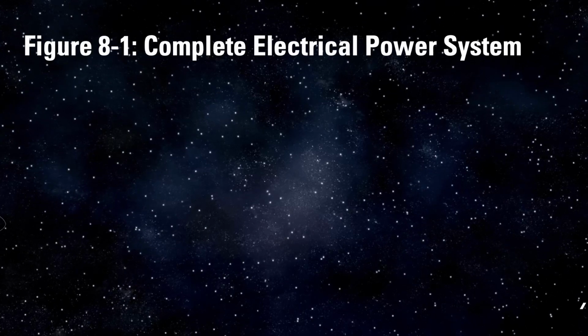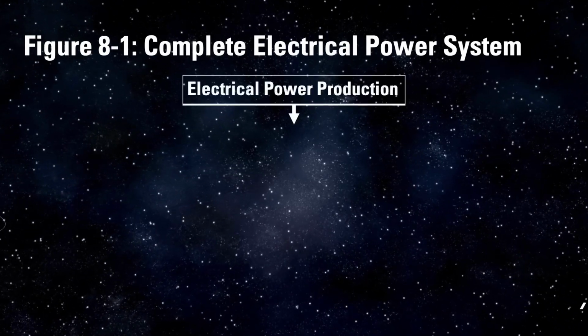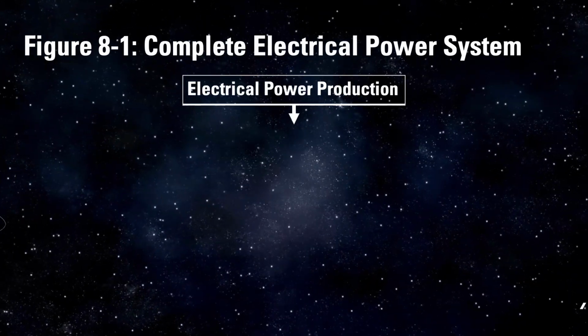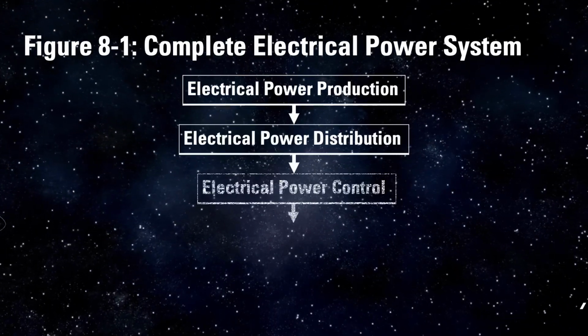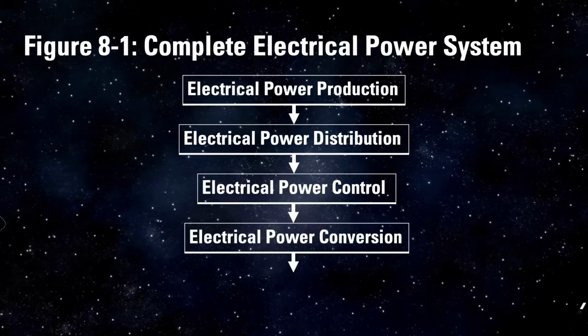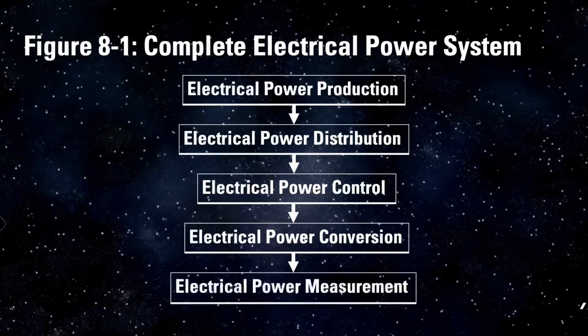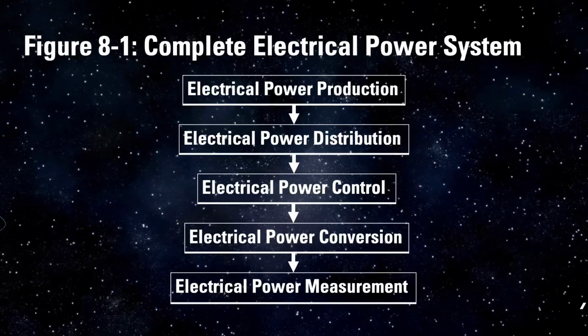Figure 8.1 can show us the complete electrical power system. It starts with the electrical power production, and then electrical power distribution, and then the electrical power control, and then the electrical power conversion, and finally the electrical power measurement.